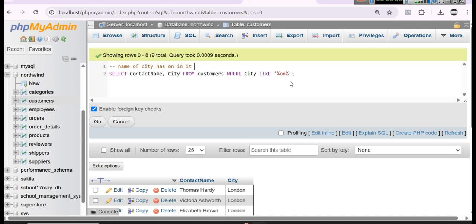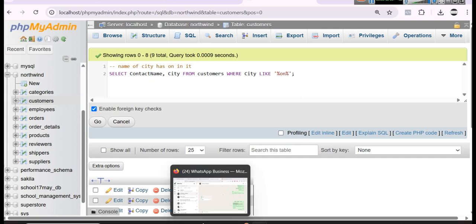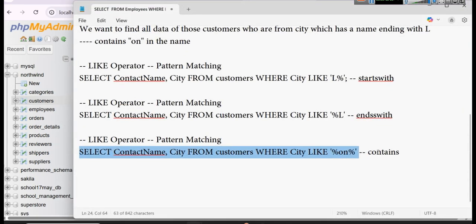You don't know whether this ON is at the start, the end, or in between. Do you know that? So before ON there can be n number of characters. Yes or no? Yes, sir. And after ON also there can be n number of characters. That is the condition of contains. Contains means that it can contain this particular set of characters anywhere.